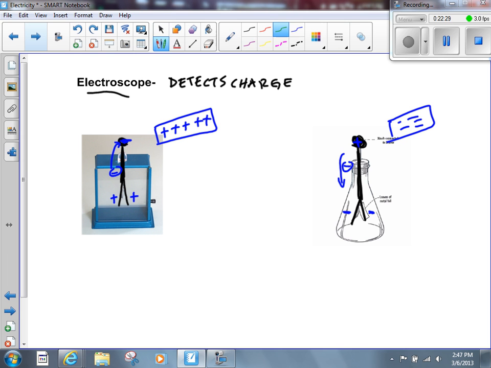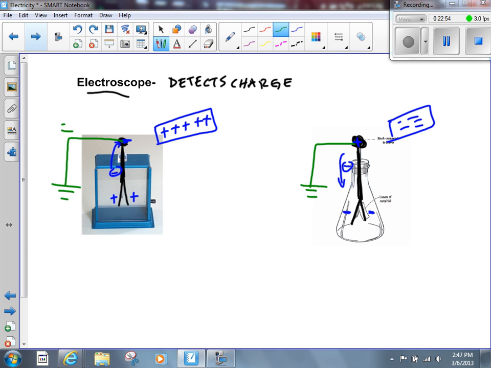Now what would happen if I grounded this? If I grounded the left one, we would think that these negatives would get sucked up from the leaves of this electroscope into the ball, and then we could maybe get a bunch of negatives from the ground sucked up into this ball as well.